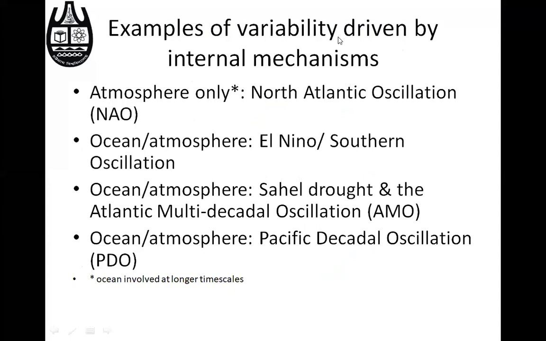Those internal mechanisms can be described under 4 different titles in different areas of this world. One is North Atlantic Oscillation, which is in the northern part of the Atlantic Ocean. One is Southern Oscillation or El Nino, which is governed in the Pacific Ocean. One is Sahel drought or the Atlantic multi-decadal oscillation. That is also in the Atlantic, but it is also impacted by the drought condition of the Sahel.